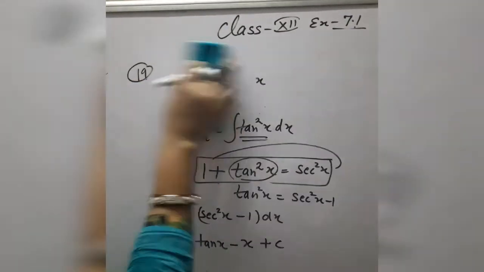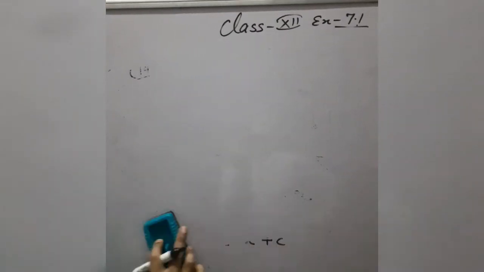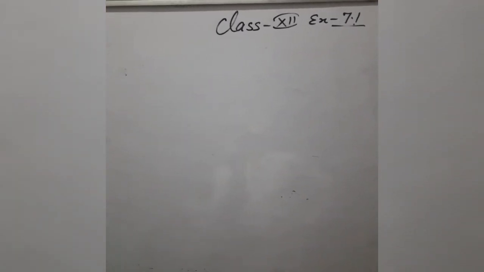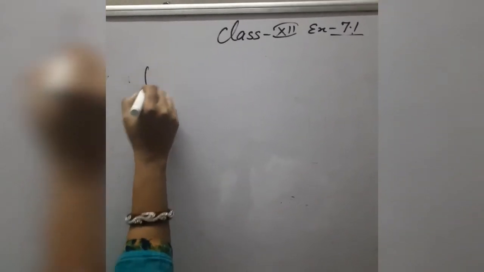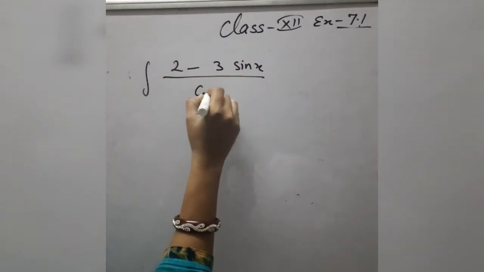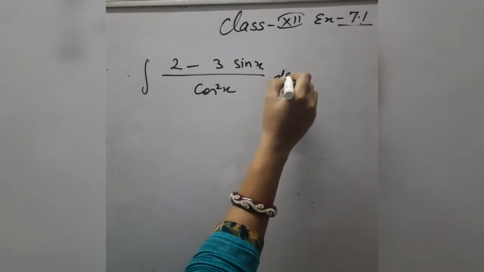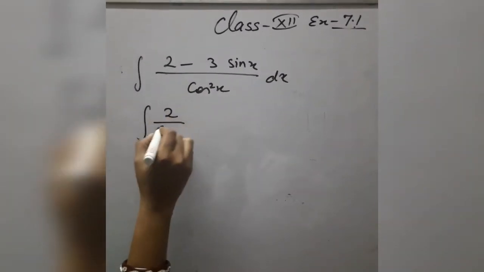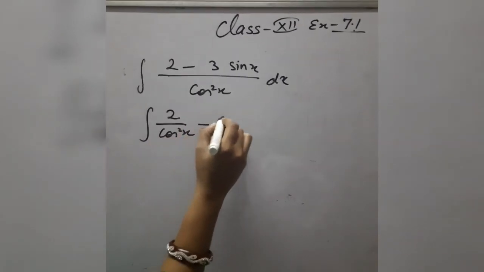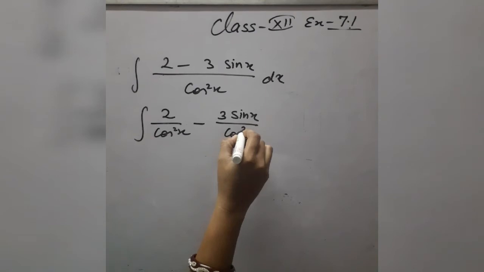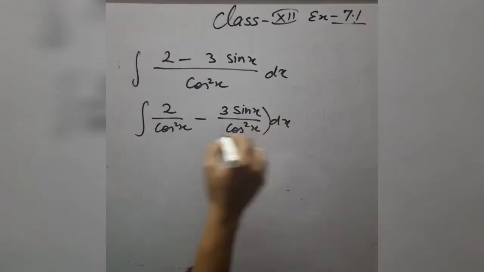Now 20th sum of this exercise. In question number 20, this sum is also just like the 18th, 19th sum. 2 minus 3 sin x divided by cos square x. When you take this cos square x separately with these two terms, it becomes 2 by cos square x minus 3 sin x divided by cos square x.